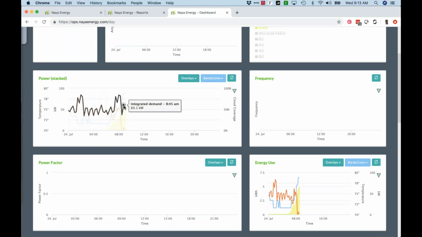The black line is the demand for the building, and as that generation comes online, you can see the orange and black lines separate, right? So the orange is what they're buying from the grid. And then the gray line is cloud cover within 100 meters of that location.